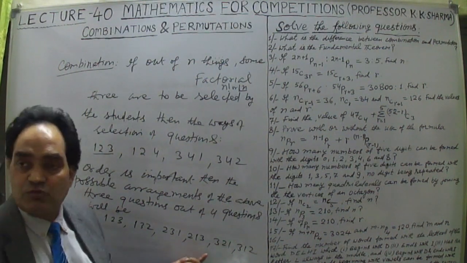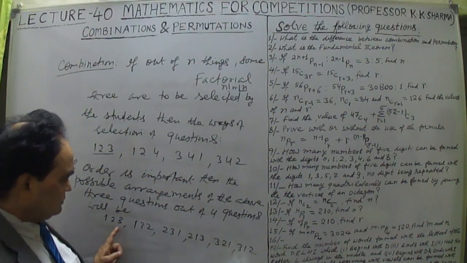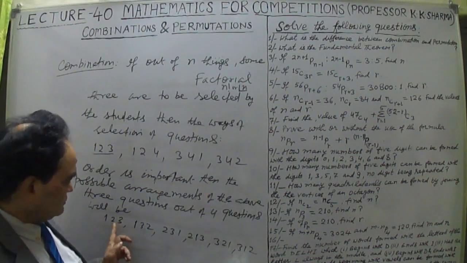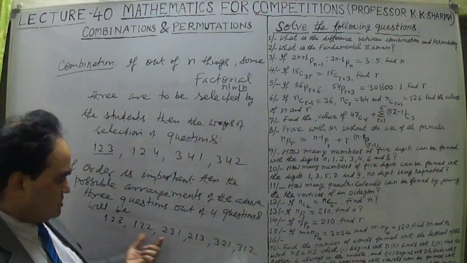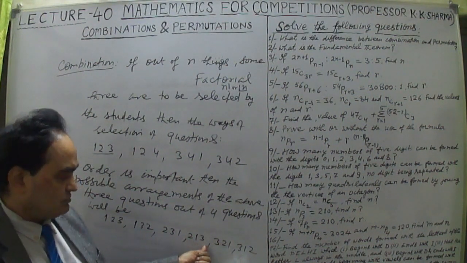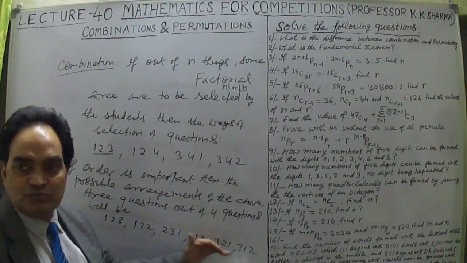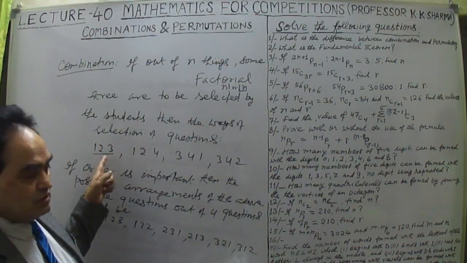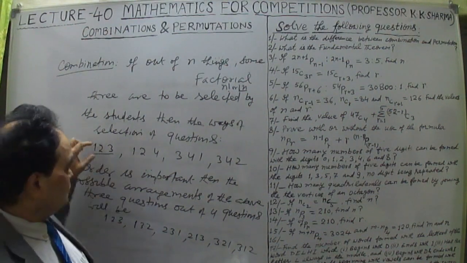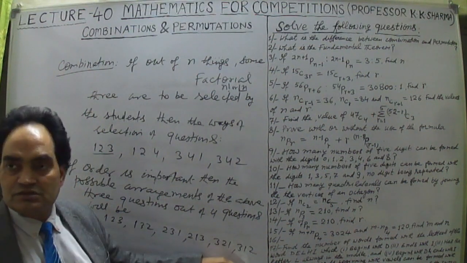Here we are taking 1, 2, 3, then 1, 3, 2, just reversing these two. Then again 2, 3, 1, 2, 1, 3, 3, 2, 1, 3, 1, 2. These are 6 possibilities of just one unique selection. This one selection 1, 2, 3 can be arranged in 6 ways.